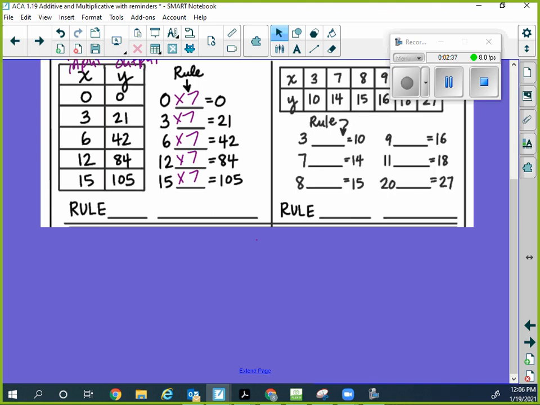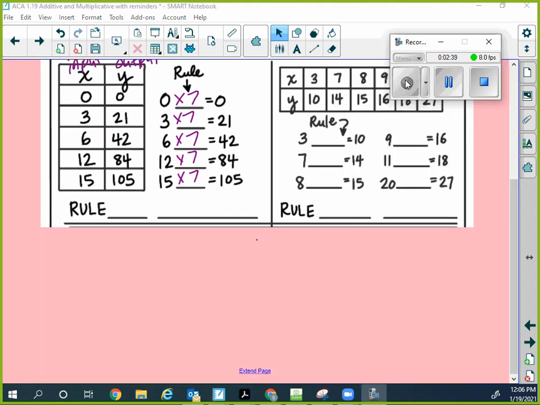So down here, times 7 is, don't write it down, the general rule. But what we want is an equation. Almost. What equals times 7? Y. Y equals X times 7. But the way we're going to write that is like that.